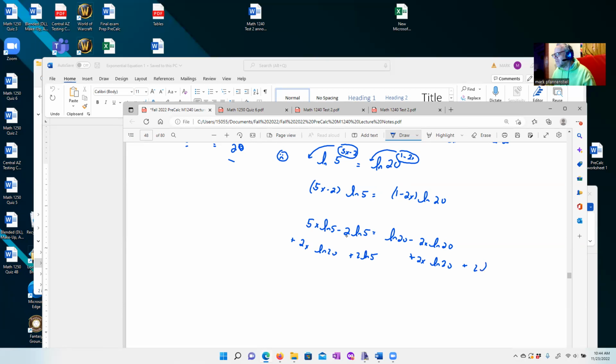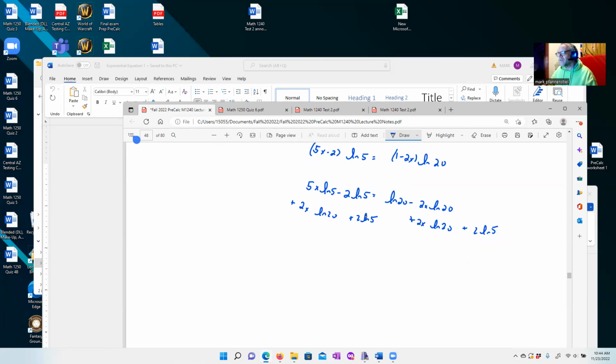What we have is 5x ln 5 plus 2x ln 20 equal to ln 20 plus 2 ln 5.